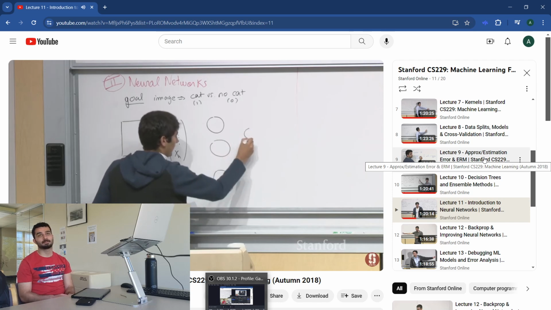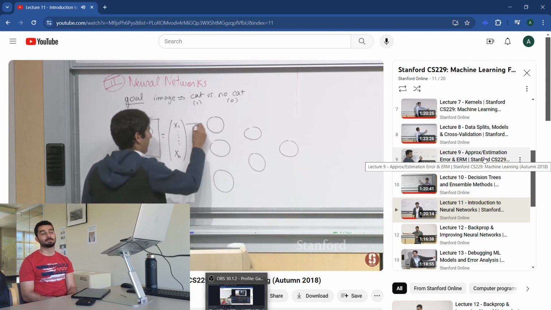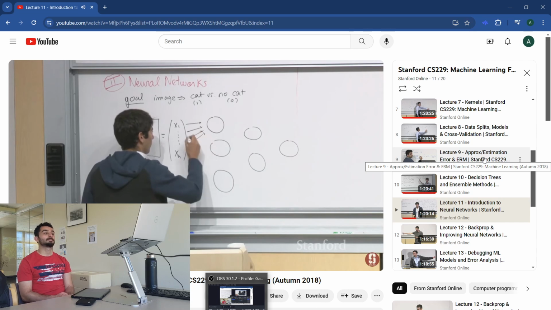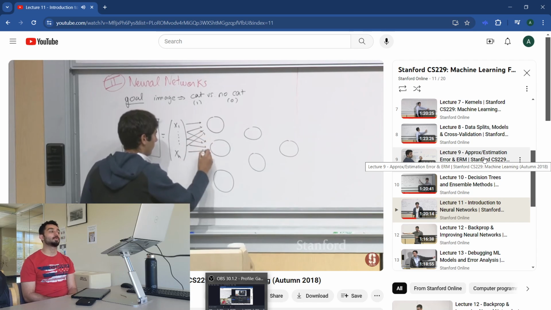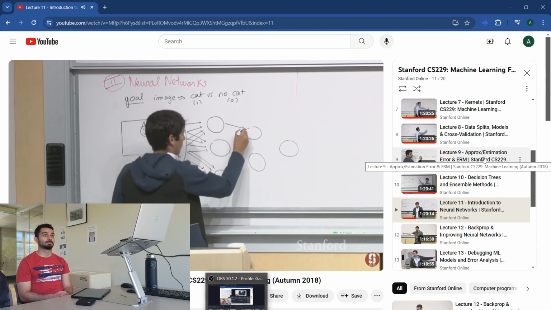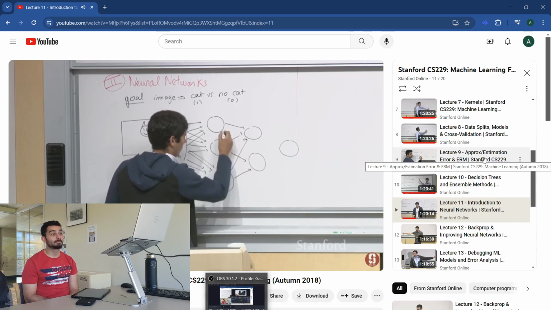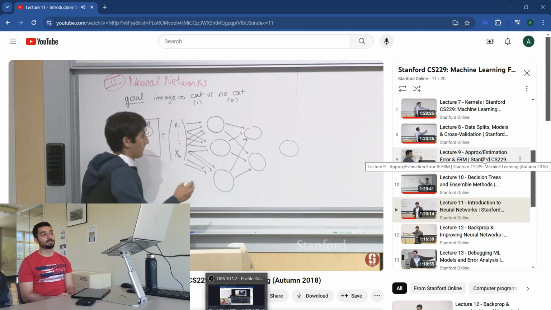Neurons, maybe something like that: sigma of wx plus b, or just wx plus b? New ones. Multi-layer.